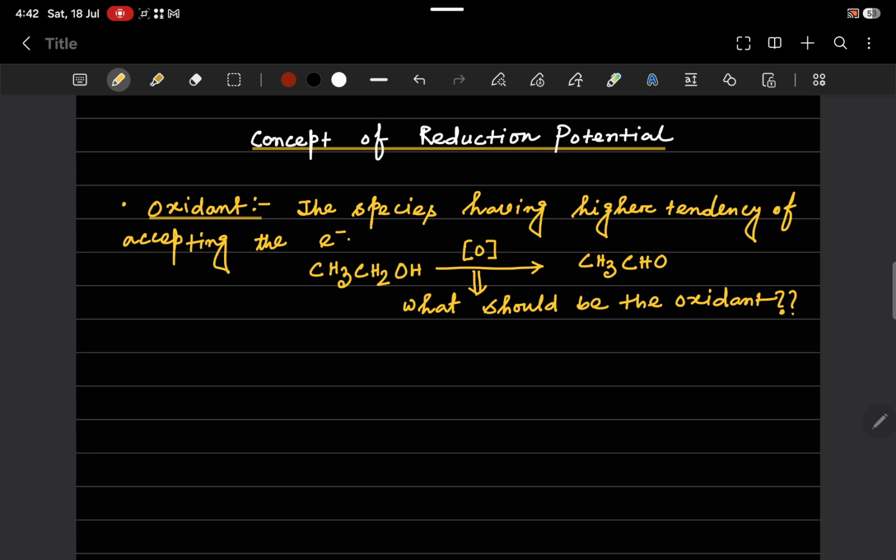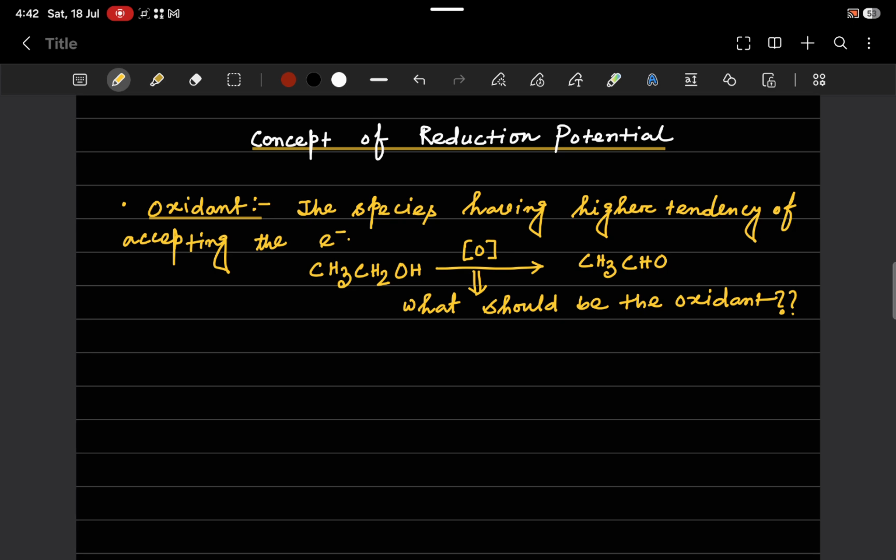We can't choose randomly. In order to choose a particular oxidant to drive this reaction forward, we should have a profound knowledge about the reduction potential, and we should match it with the substrate upon which we are interested to do the oxidation reaction.